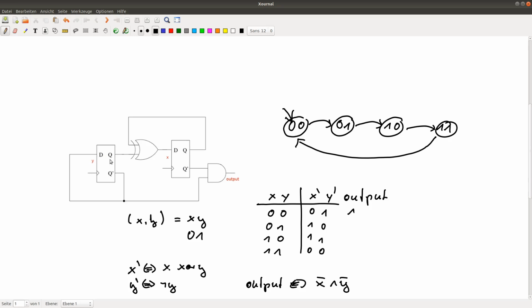So we have a 1 in the first line, and then we have 0, 0, 0. And we can say, okay, when the output becomes 1, we are in a final state, and therefore we would mark 0, 0 as the final state, because then in the next cycle we get a 1.